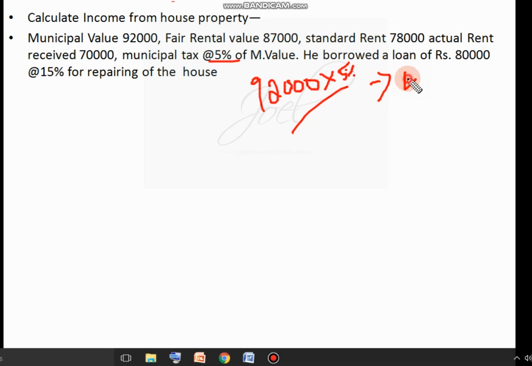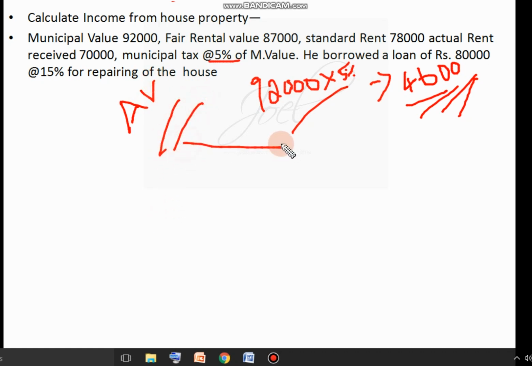It will come up to 4,600. 4,600 is my municipal tax. So from gross annual value I have to deduct this 4,600, and I'll get annual value.